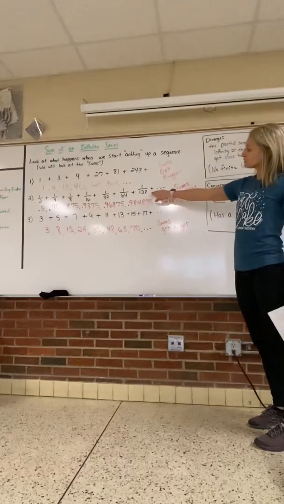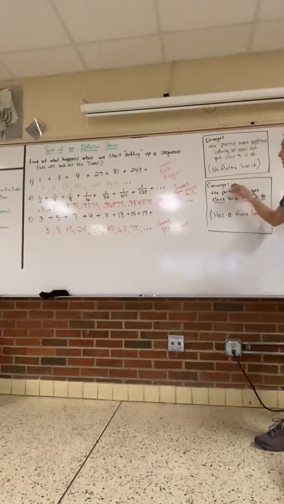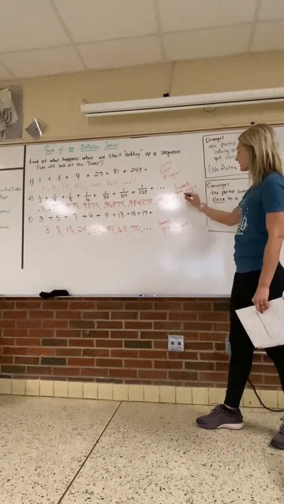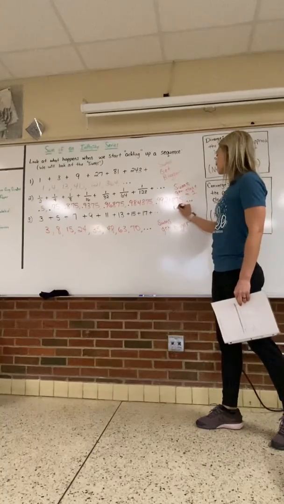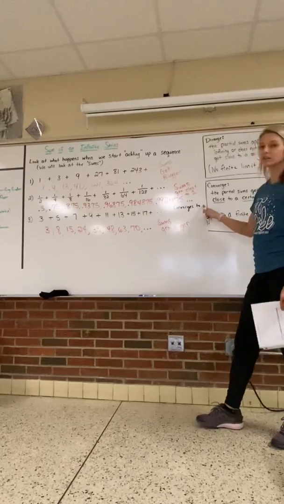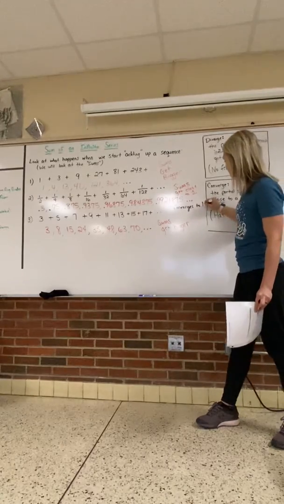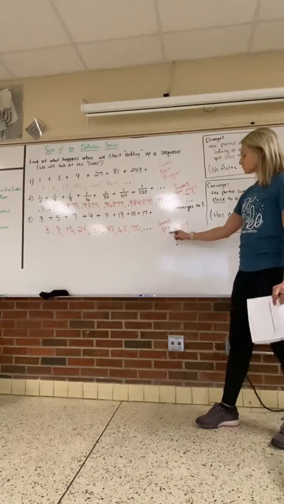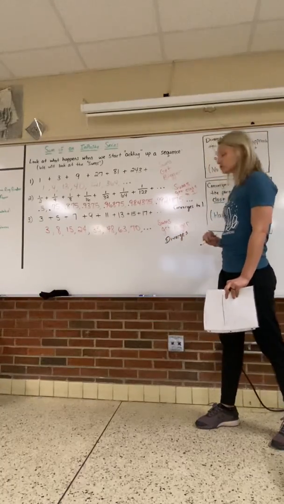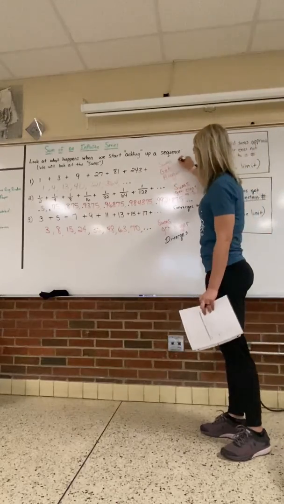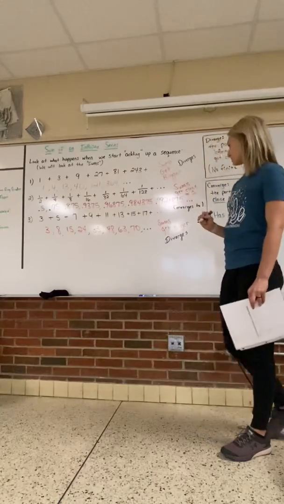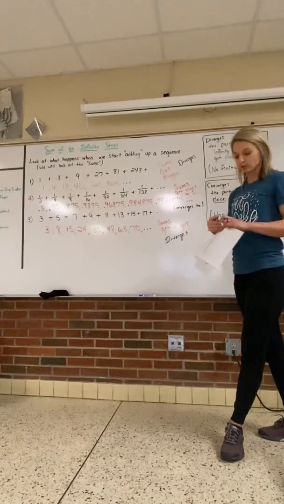So sequence number 2 actually converges. And when it converges, the correct way to say it is that it converges to, and then you have to tell me what number it gets really close to. So this one converges to 1. This one, because it diverged, you simply say that it diverges. And same thing here, because this one kept getting bigger and bigger and did not have a limit, you would say it diverges. So that's the correct answer to those problems.